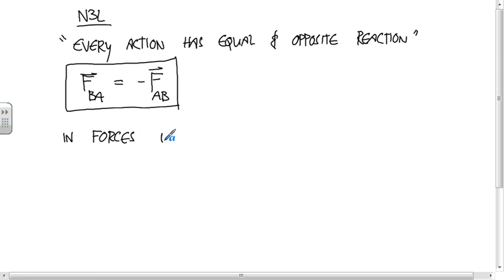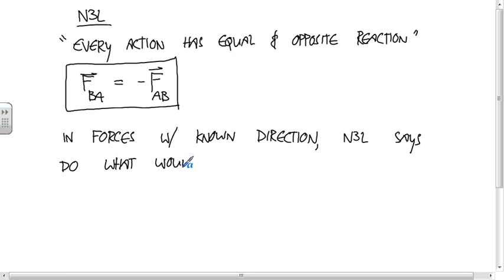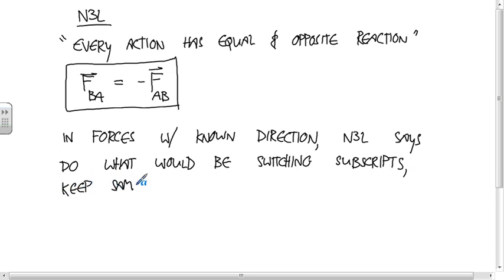So when you have forces with a known direction, Newton's third law says when you do what would be switching the subscripts, that is, switch from talking about the force on A by B to talking about the force on B by A, you'll just keep the same scalar variable and switch the direction of the arrow.